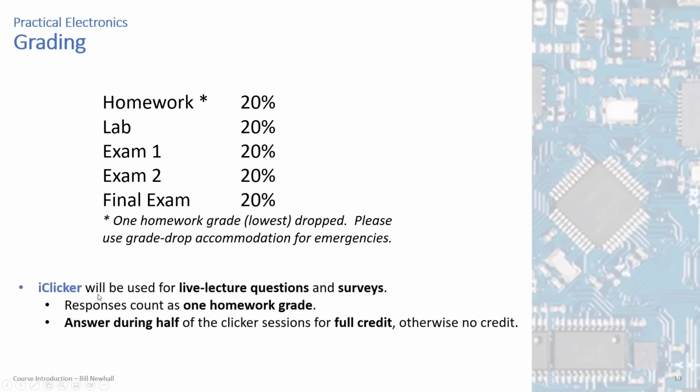We're going to use the clicker for live lecture questions and surveys, and as motivation to participate, responses to the clicker questions will count as 1 homework grade. If you answer during at least half of the clicker sessions, you'll get full credit for that homework.